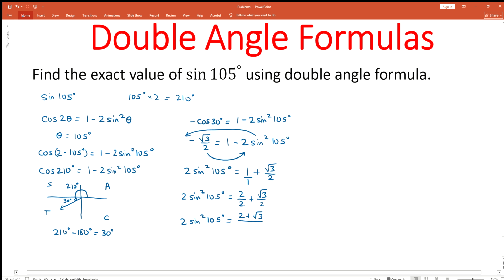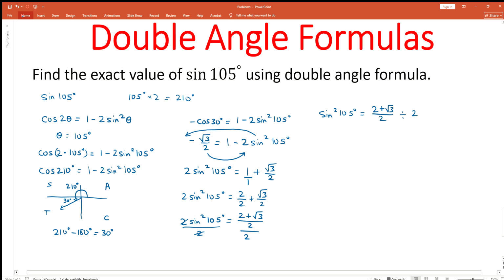Next, we can divide both sides by 2 to get rid of the 2 on the left side of the equation. We can simplify the expression on the right side by writing it as a division statement. So we get 2 plus square root 3 over 2 divided by 2.